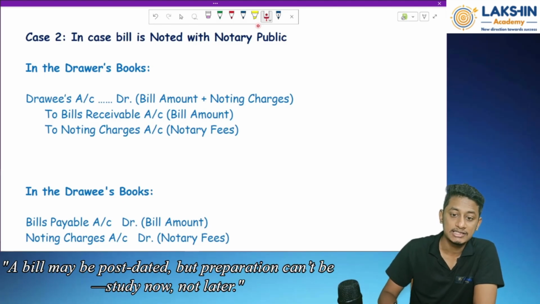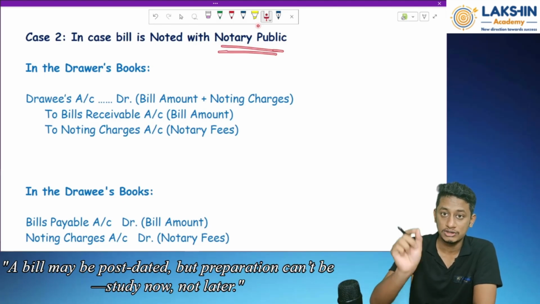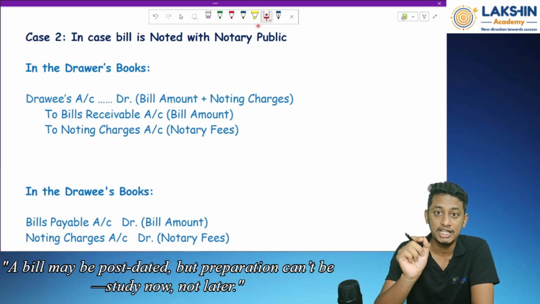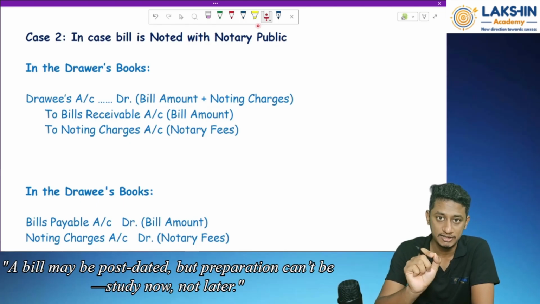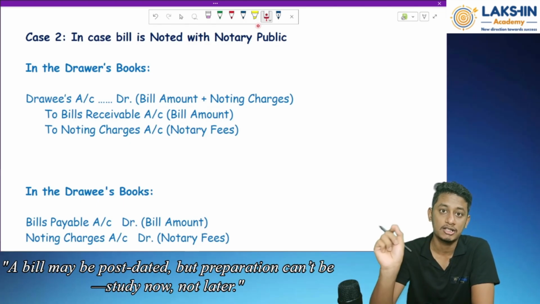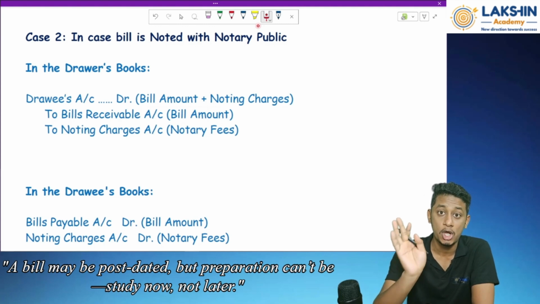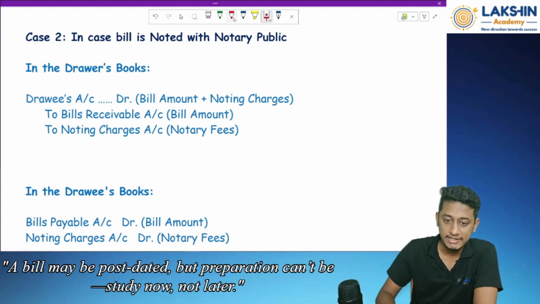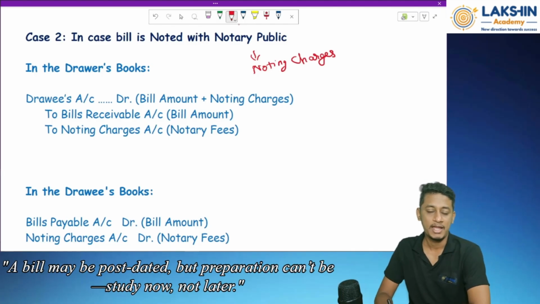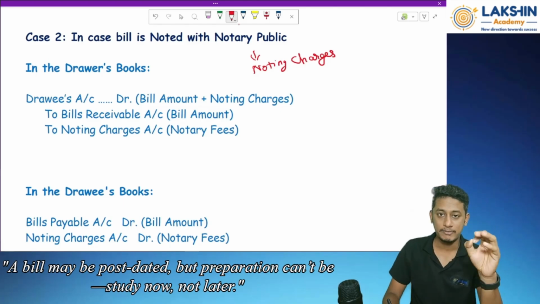The person's name is notary public, the one who signs the bill saying that the bill is a genuine bill and there is no fake transaction being done. And this can be produced in the court as evidence of non-payment. For this he will charge something called noting charges. He won't be doing it for free. Nobody does anything in this world for free, right? Everybody expects something from you.